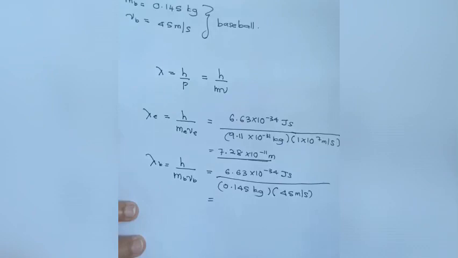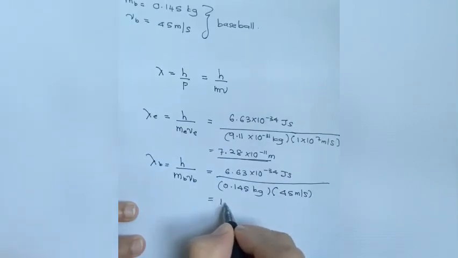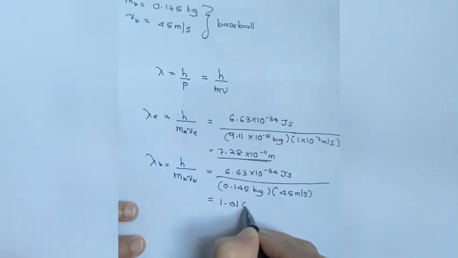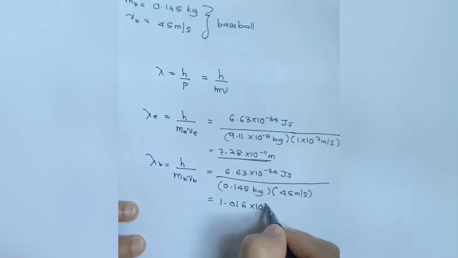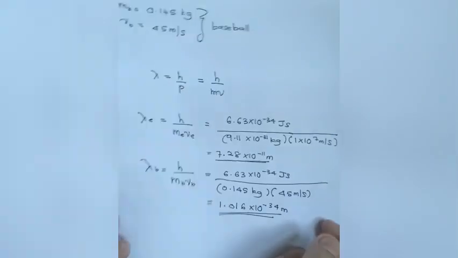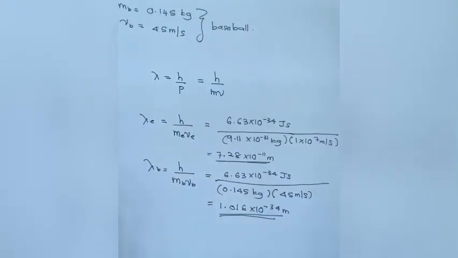So the final answer becomes 1.016 times 10 to the power of negative 34 meter. This one is the wavelength of the baseball.